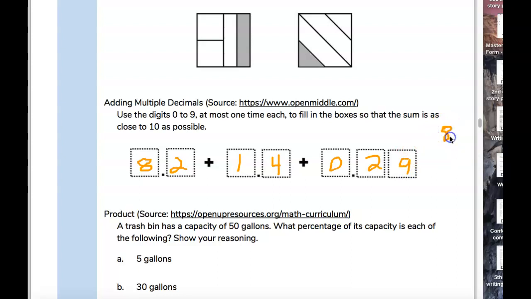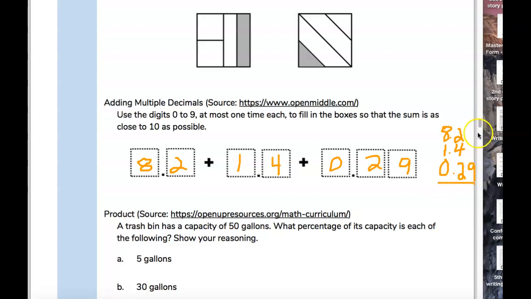8.2, 1.4. Remember, when you add decimals, you line them up by the decimal point. Okay, so we have to put the 0 here because we have to have the 2 here and the 9 here because we have to line up decimal points.